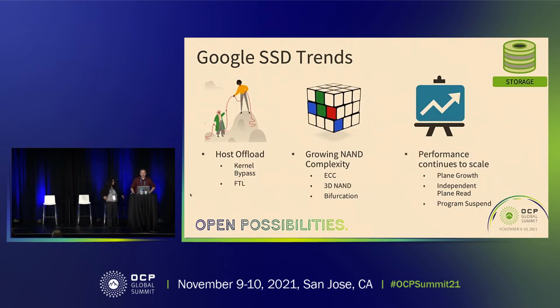Before we get into the details of SmartFTL and garbage collection efficiency, I wanted to continue a little bit more on trends. I think Smriti touched on the host offload trend, that functionality has been moving to the drives over the years within Google. There are two big examples.